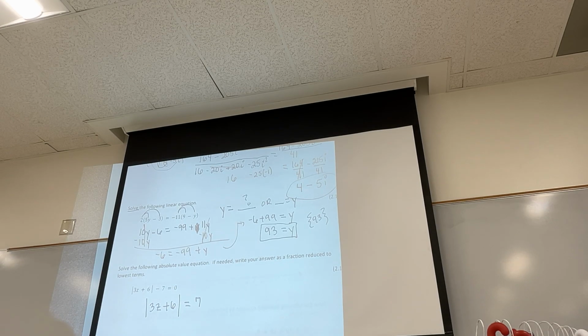That's where we get our 2 solutions. So the first time is exactly what we see: 3z plus 6 equals 7. The second one comes from exactly what we see on the left side, but it equals a negative. We're putting that negative in.